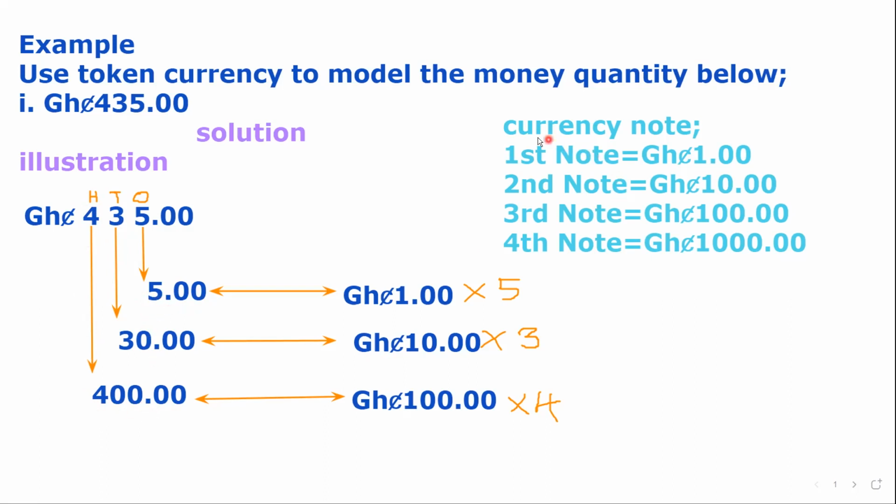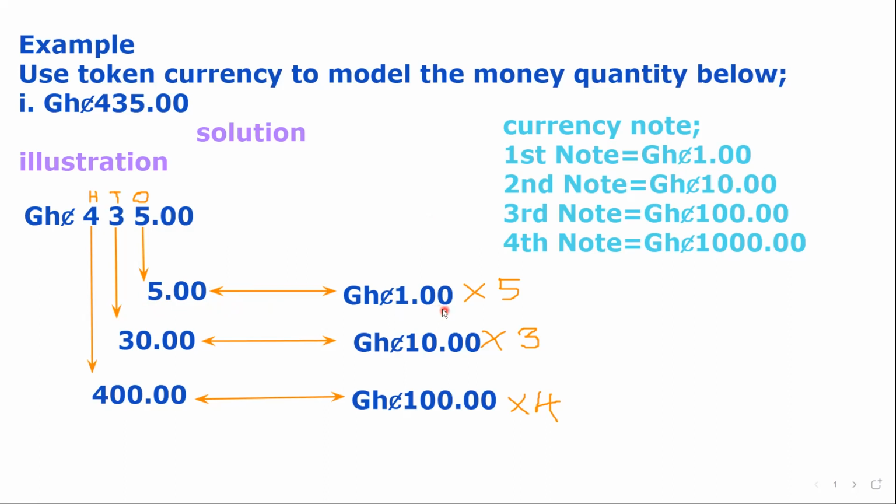Then you come to the currency notes that you derive. You are going to use this material. So when you take the 5 cedi, you move straight to your materials here. Then you check the material that will be much closer to the 5 Ghana cedi. When you check, we have the 1 cedi, 10 cedi, 100 Ghana cedi, 1,000. So which means that the 1 cedi will be chosen for the 5 cedis.